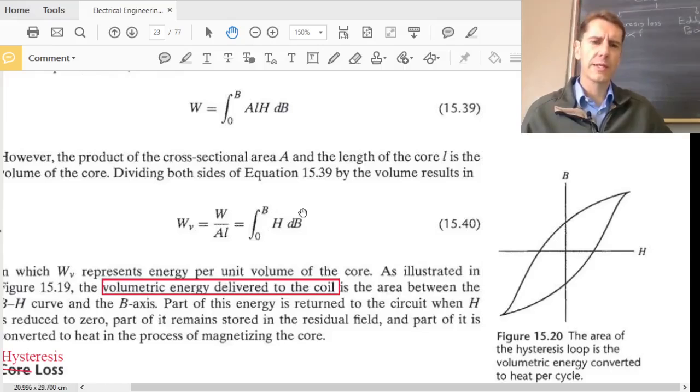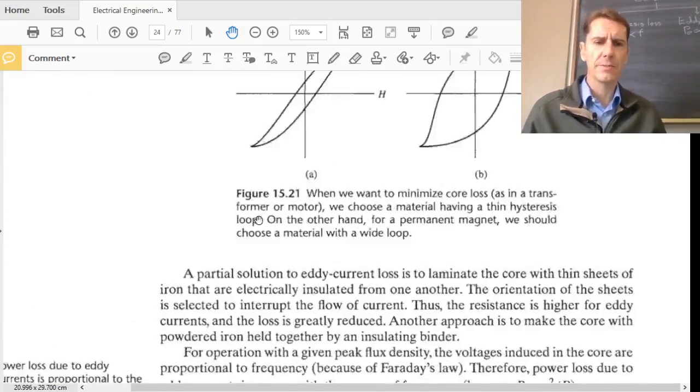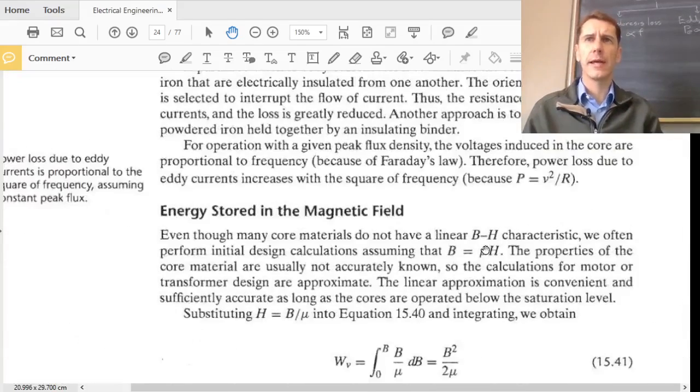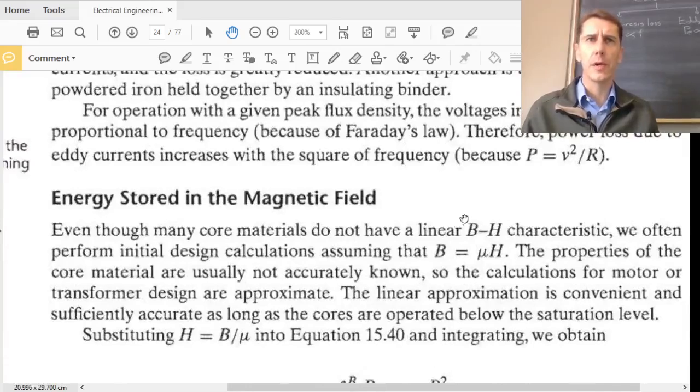What we're going to do for the next section is to assume that your BH relationship is a linear relationship. And as the textbook explains in this section, you do not want to saturate your core. So we mostly operate our motors and transformers within a linear region of the BH curve. So for the next, we're just going to assume that your BH is still a linear relationship.